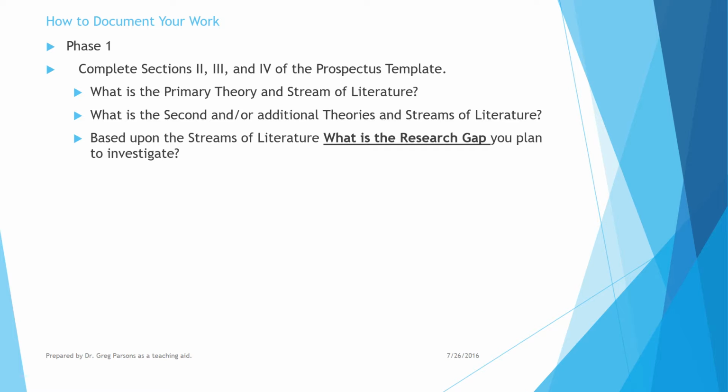A lot of marketing literature is combined with psychology literature. A lot of global business literature is combined with strategy literature or finance literature. So there's a number of different ways you can do this, and we'll talk more about this in subsequent presentations. Okay. And then finally, what's the research gap?